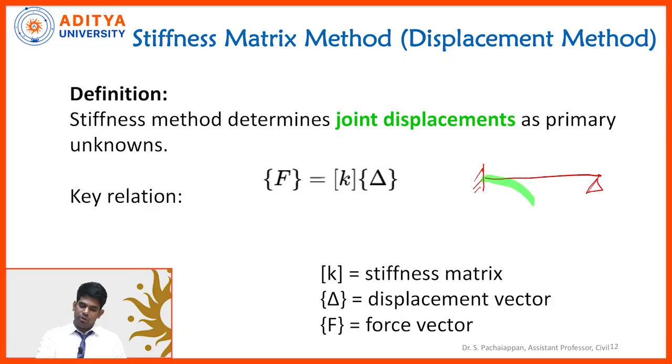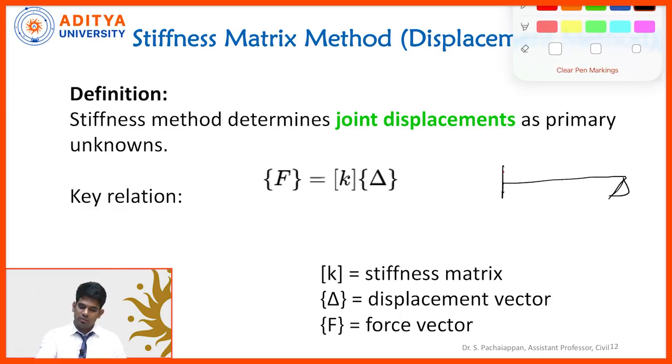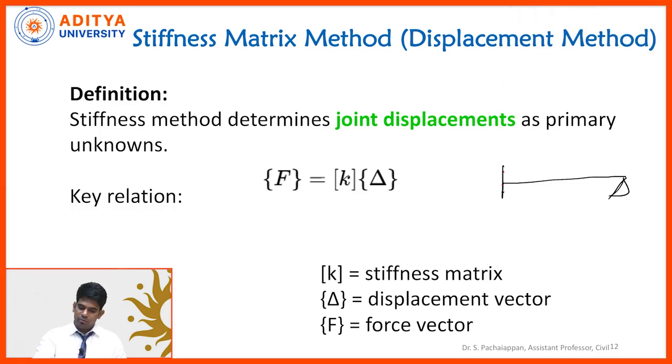This will deflect like this. So the same problem was taken, and it's going to deflect like this, and this is theta b. If I consider the unknown as theta b, then that is nothing but the stiffness matrix method.